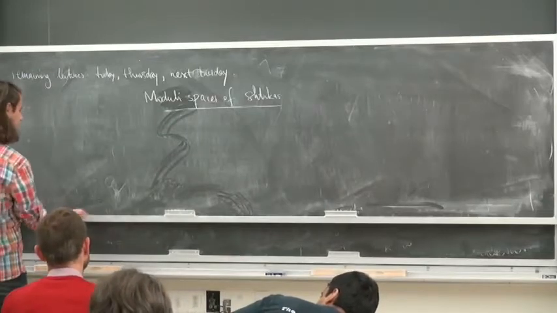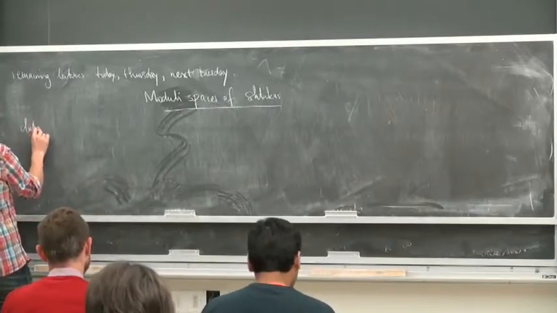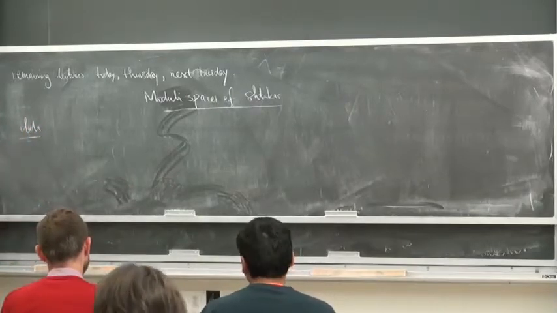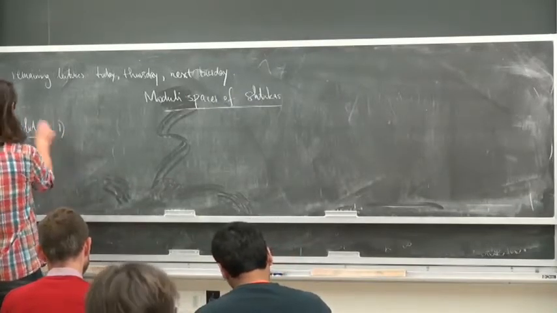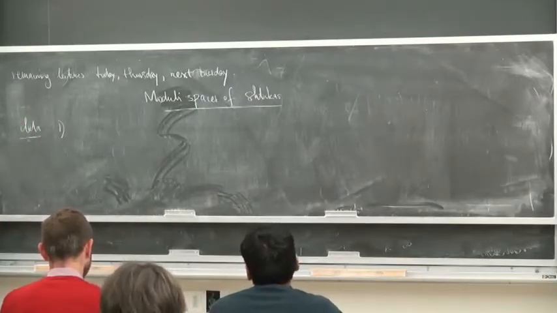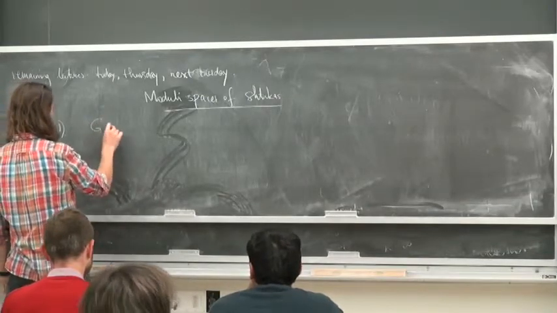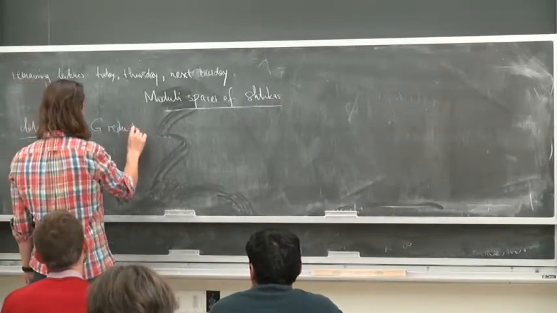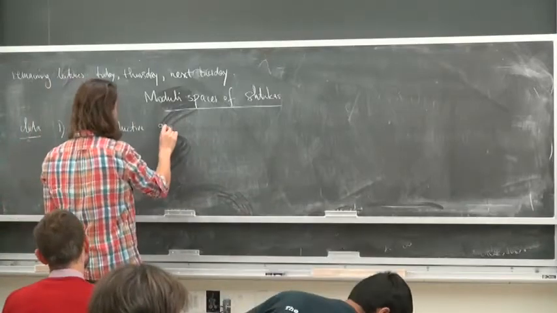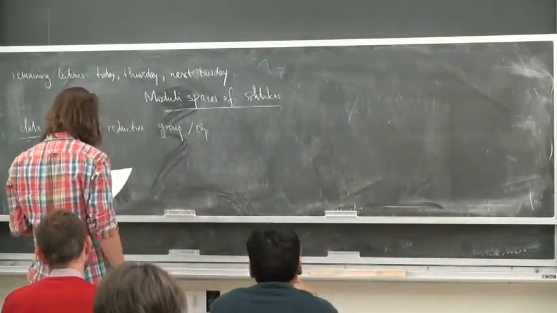So these modular problems are associated with the following data, which I will describe more precisely. The first datum is just the datum of a reductive group over Q_p.